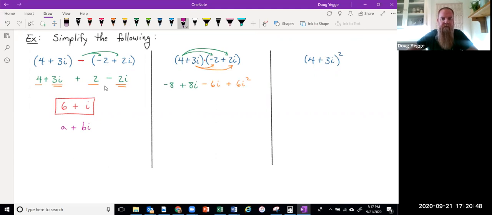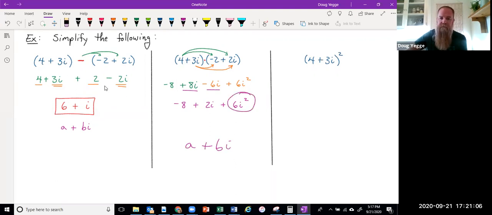And we can combine these two terms together here in order to get negative 8 plus 2i plus 6i squared. But notice that doesn't look like a plus bi because of this i squared term. So we need to figure out what to do with that i squared to simplify this, but recognizing that i squared is negative 1, then that last term turns into a real number.